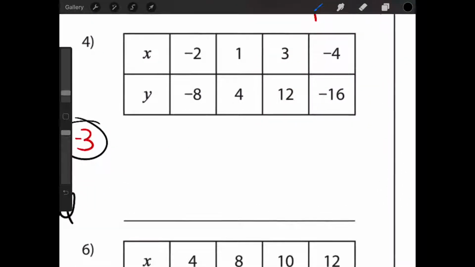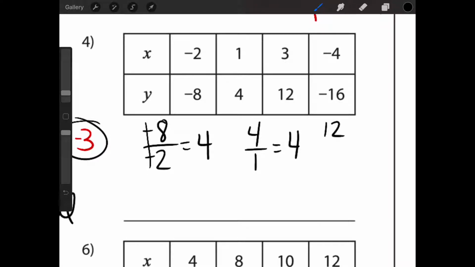Question 4. Negative 8 over negative 2. The negatives cancel and I get 4. 4 divided by 1 equals 4. 12 divided by 3 equals 4. Negative 16 divided by negative 4, the negatives cancel and I get 4.